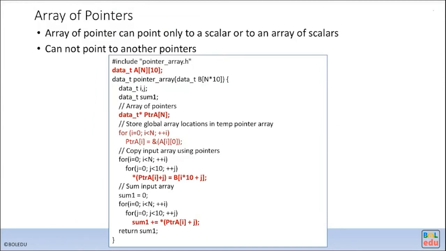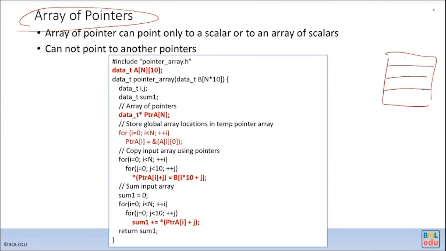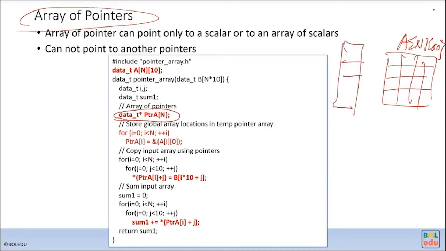Okay, this is an example of an array of pointers, and this type is commonly used. In this example, you have a two-dimensional array A, N by 10, and then you create another pointer array. This is a pointer array, a pointer AN. For each element, you point to a row of the A array in this code.